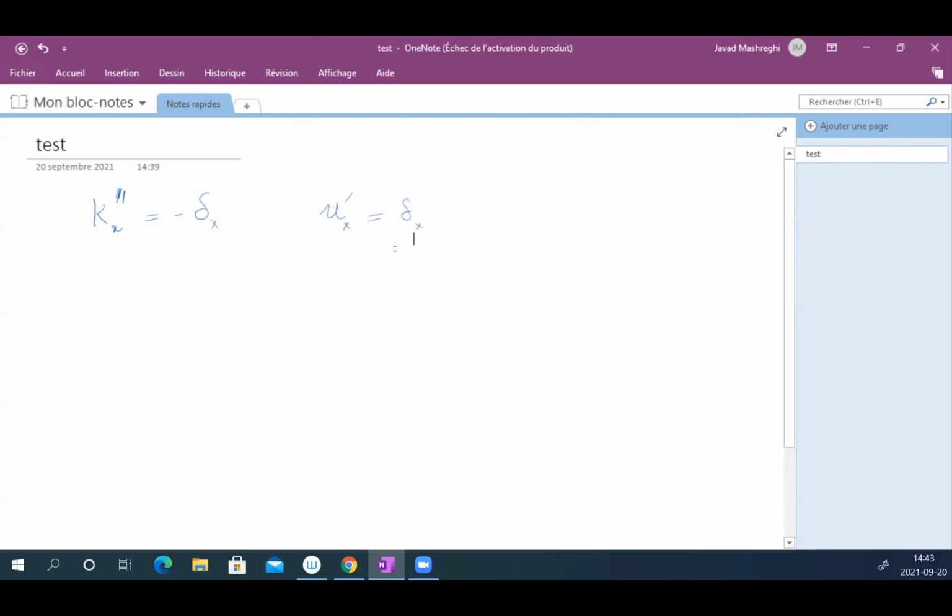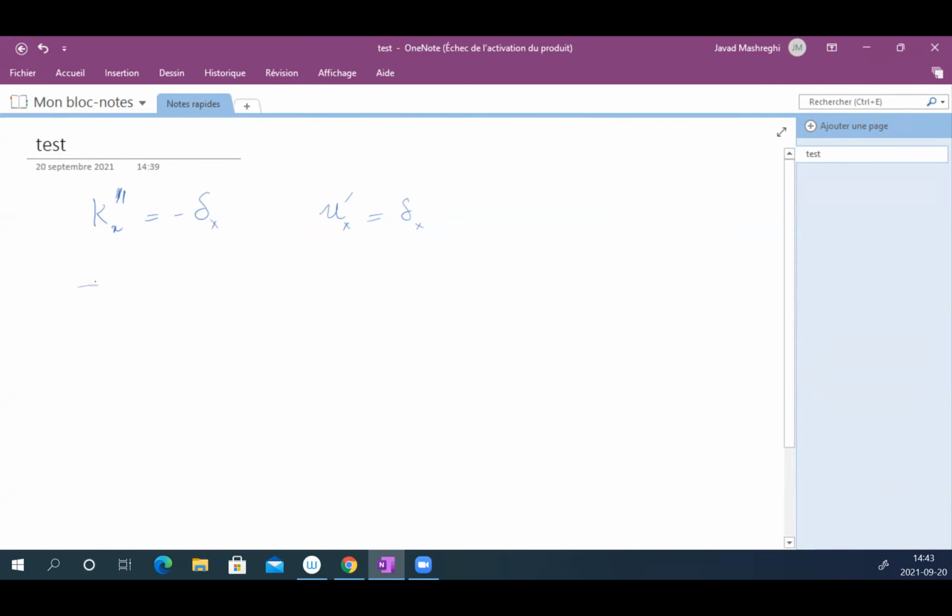This is the tool that we borrow from distribution theory, without going into detail. There are other ways, for example the Laplace transform, but with this we have a shortcut and can easily find the solution.